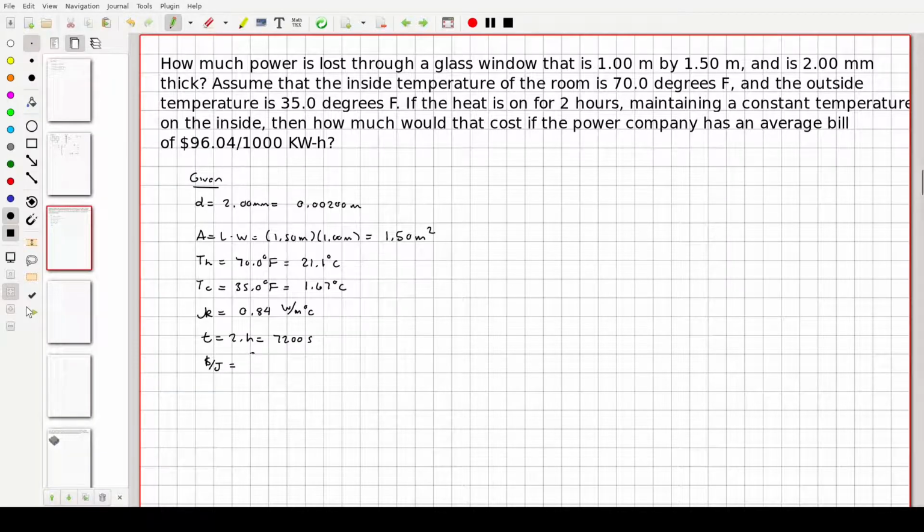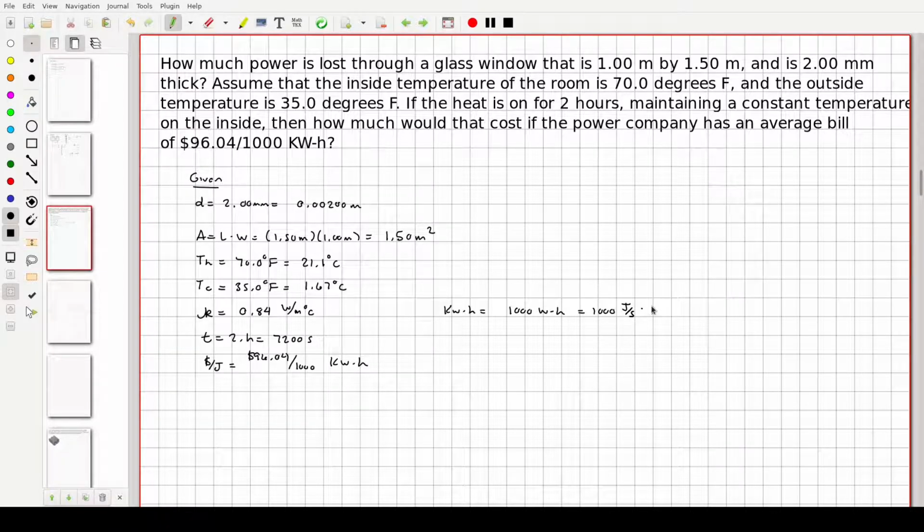It's 96.04 dollars for every 1,000 kilowatt hours. Now let's go ahead and convert this real quick. A kilowatt hour is 1,000 watts times an hour. Now, a watt, if you think about it, is a joule per second, and we're multiplying that by 1 hour.